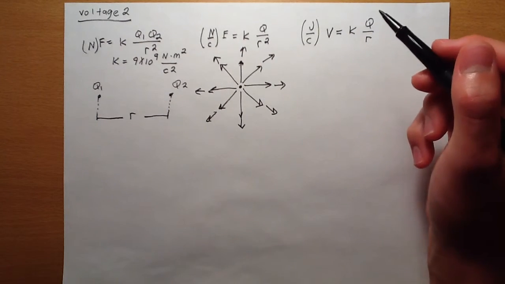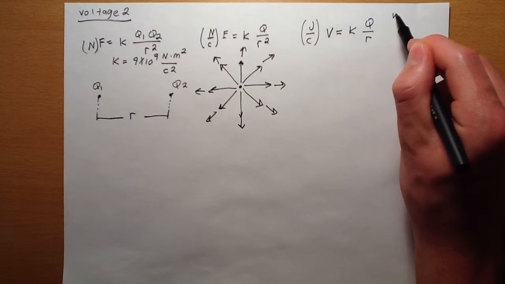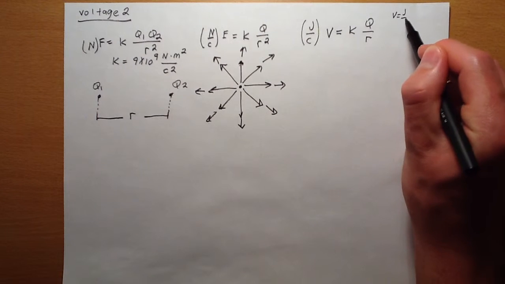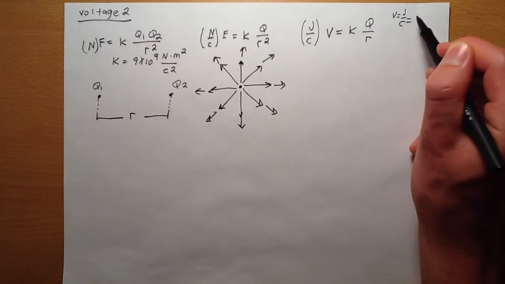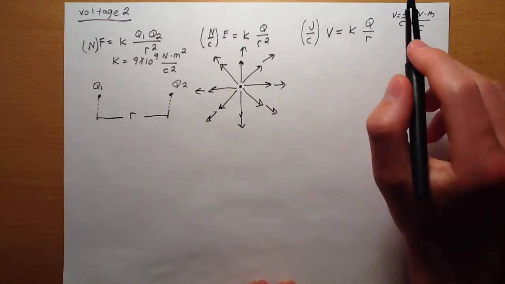We know that the unit for joules is newton meter, which means that volts, equal to joules per coulomb, is equal to newton meters over coulombs.